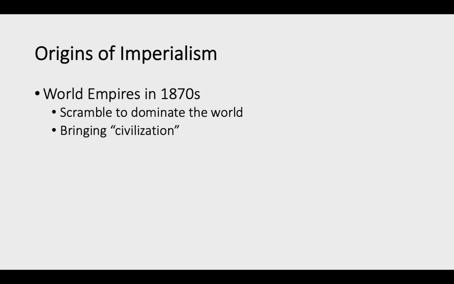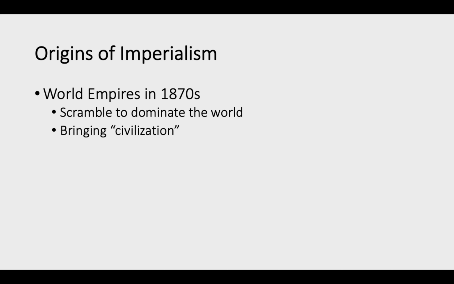So there is a scramble for powerful countries to dominate Africa, Asia, and the Middle East during the Age of Imperialism. And the US at the time is a second rate power in the 1870s, even in the 1890s.